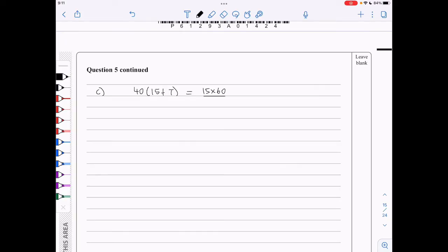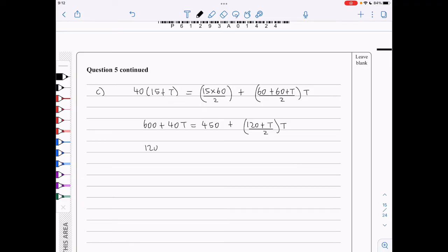This is the triangle I was mentioning, plus the trapezium, which is base 1 plus base 2 over 2 times the height of T. So we get 600 plus 40T is equal to 450 plus 120 plus T over 2 times T. I will multiply everything by 2 to get rid of the fractions.